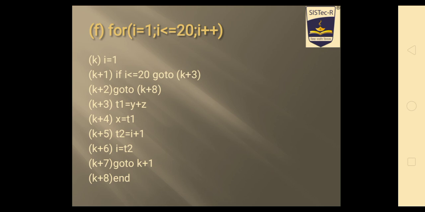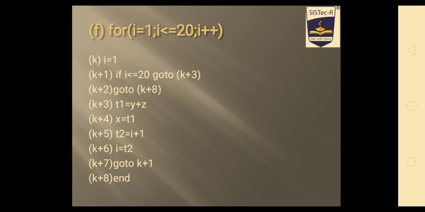Statement for loop. Here I equals 1, I less than or equal to 20, and I plus plus. Because here I is a variable, so indexing will start with k. So let's start with k. I equals 1, just for assignment.